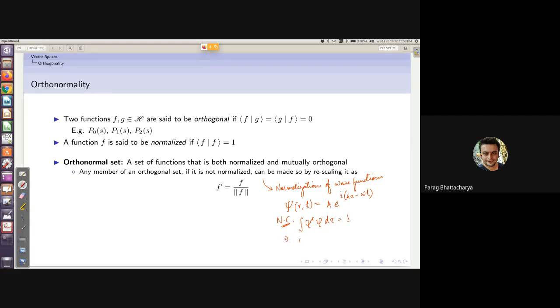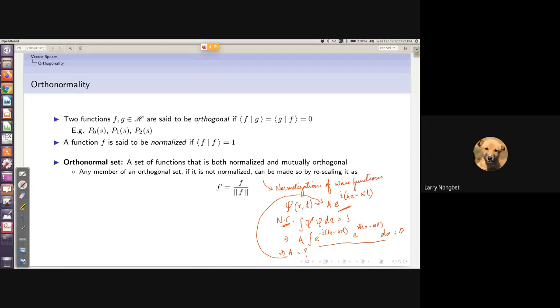And from here we find A. So we have A e to the power minus i(kx minus omega t) times e to the power i(kx minus omega t) dx, and this is equal to 1. This you can solve, and from here we find out what A is. Whatever A you get, you substitute it back over here. Then we say that this has got normalized. Do you remember doing something like this?